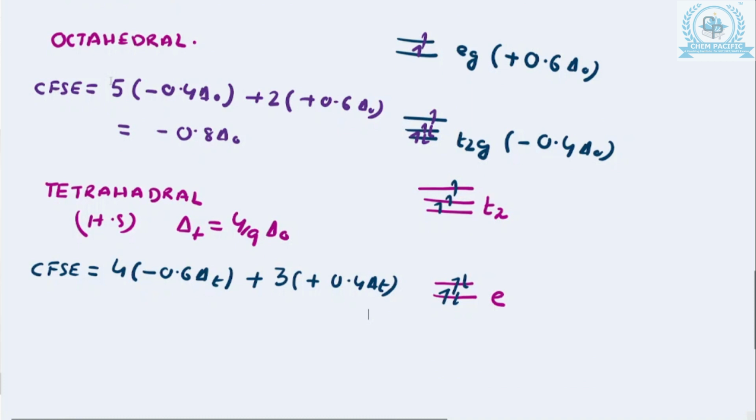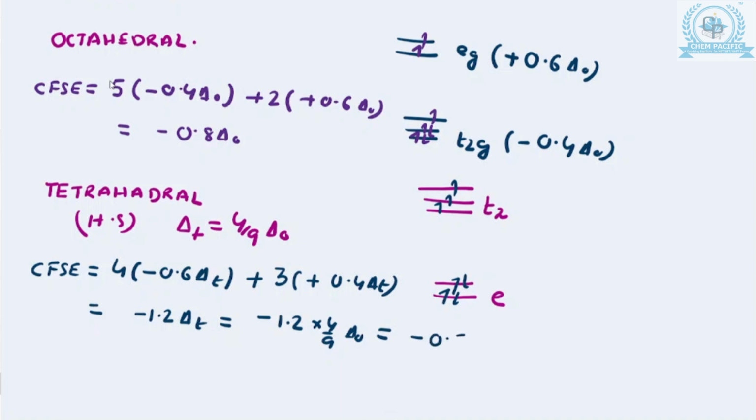Clear? Okay, so this is equal to minus 1.2 delta T. तो हम delta T को delta 0 में convert करेंगे तो 1.2 into 4/9 of delta 0. So अगर इसे solve करते हो you will be getting minus 0.54 delta 0.